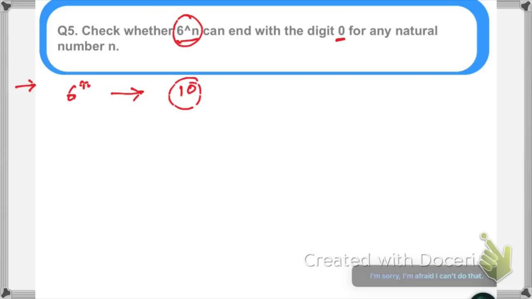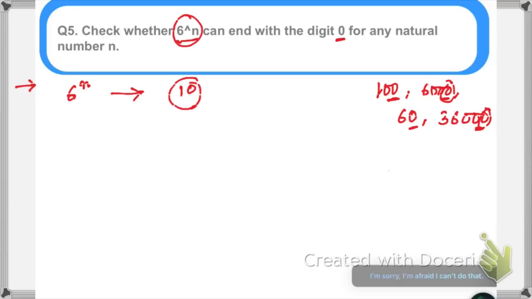Like the number can be 100, or 600, 6000, or it can be 60, or anything like 36000. If you want it to end with digit 0, then it should be divisible by 10.